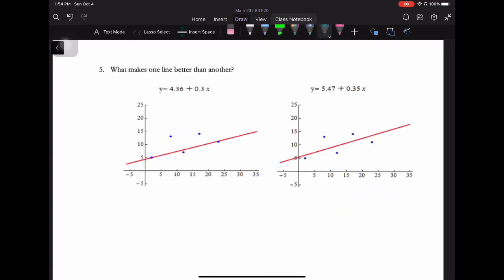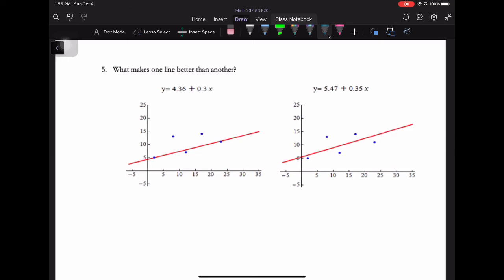Now let's look at question 5, where we're asked which line is better than the other. What we're looking at here is how the line fits the data. Remember, we want our data to be as close as possible to the line. We're trying to minimize the sum of squares, which we'll talk about in a minute, but notice that these points are pretty far away, while these other points are pretty close.